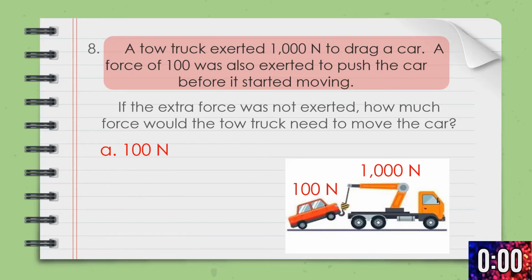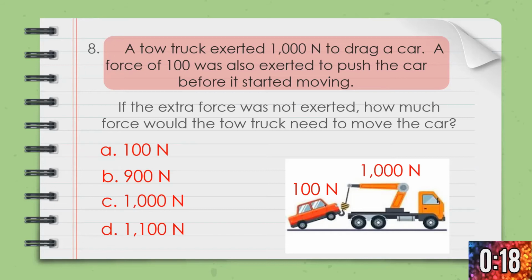Is it A, 100 Newton, B, 900 Newton, C, 1000 Newton, or D, 1100 Newton? You just have to add the two forces together. 1000 Newton plus 100 Newton, what is the answer?